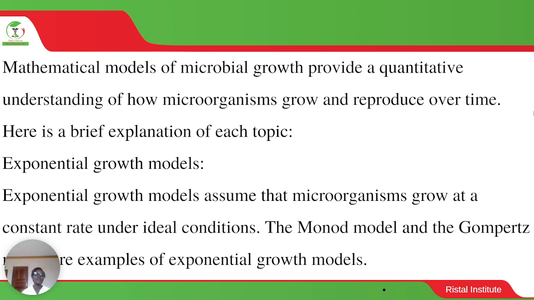Then we have some microbiological media that also contain other chemicals such as buffers, and these buffers are responsible for keeping the pH stable. Then there are also indicators or selective agents. These agents suppress the growth of unwanted microorganisms.